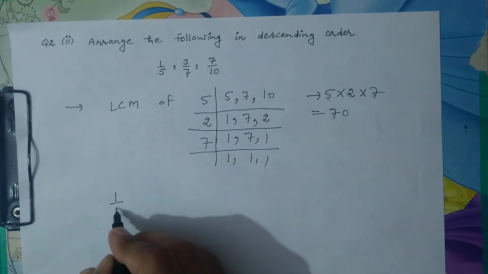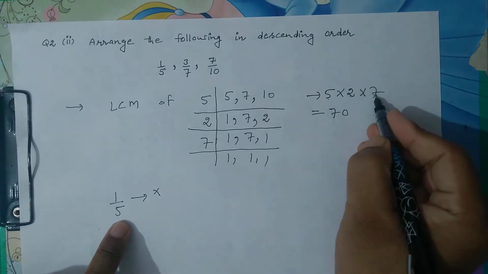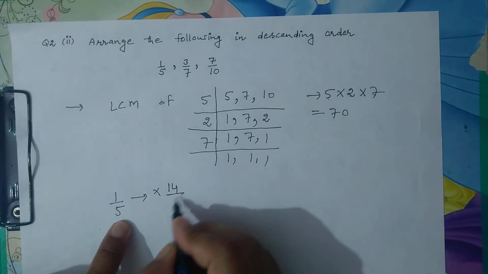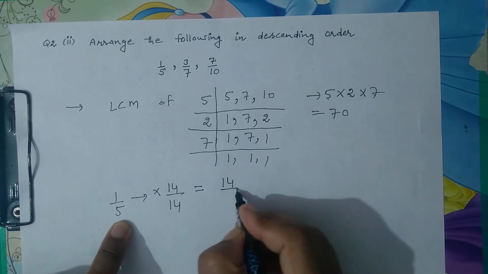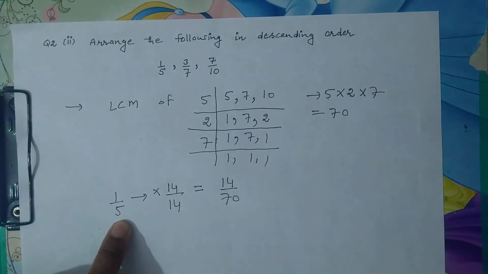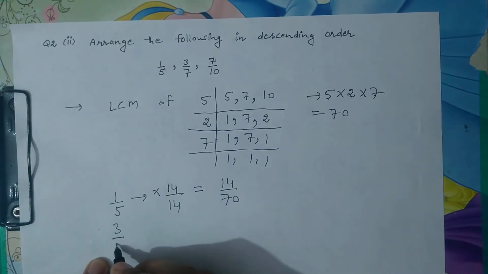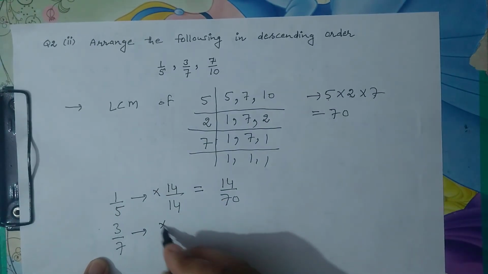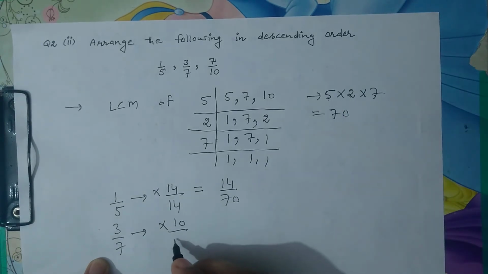So 1 upon 5, we multiply by 7 into 2, 14, so 14 upon 70. Next number is 3 upon 7. Multiply with 5 into 2, 10 upon 10.